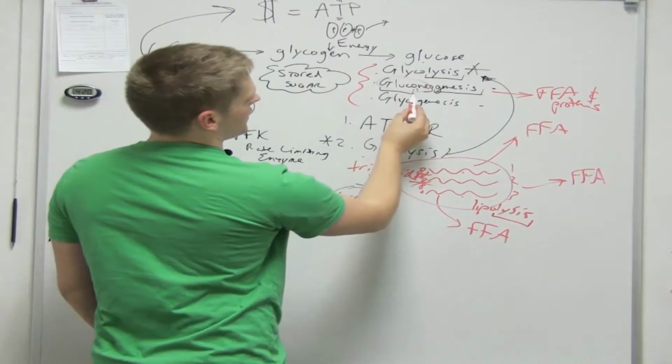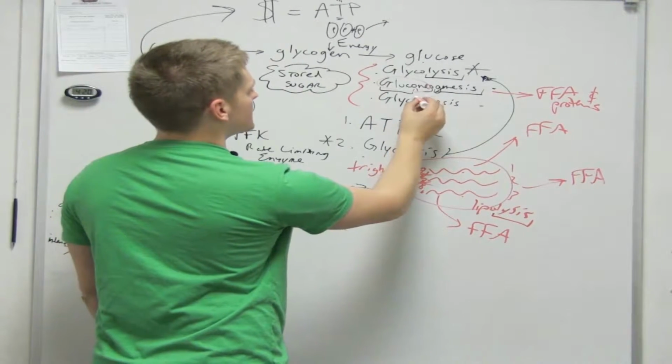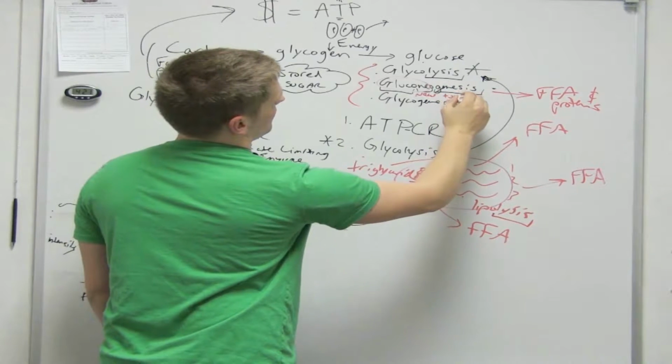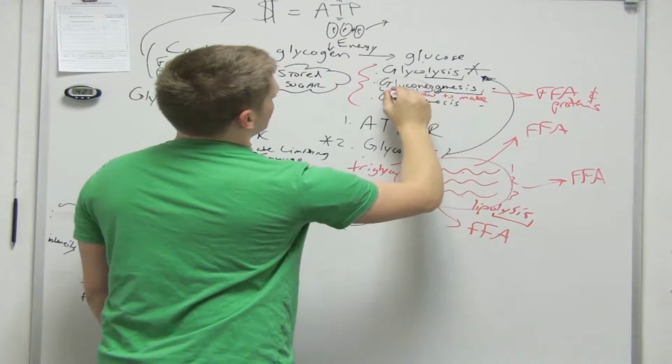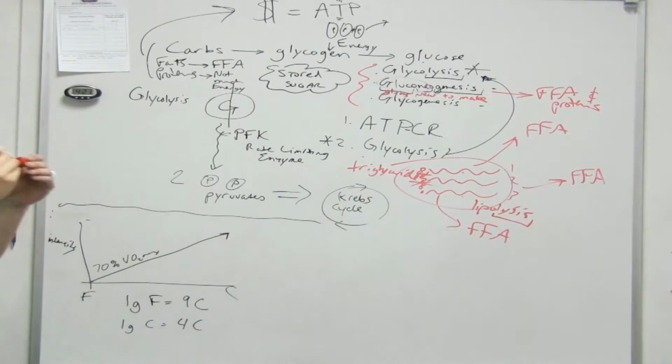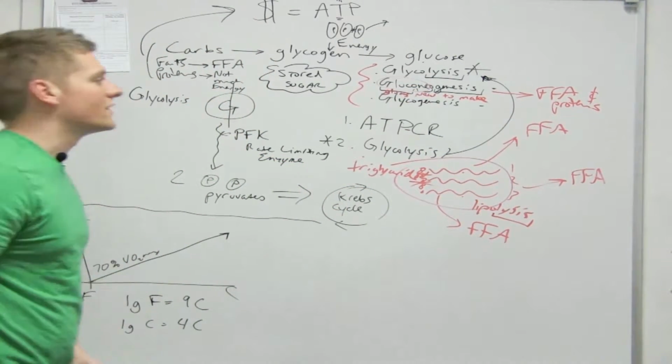Gluco comes from glucose, neo is new, genesis is to make. So, to make new glucose out of whatever.